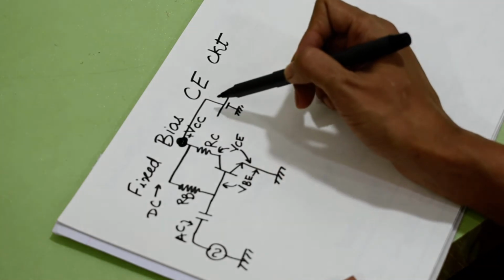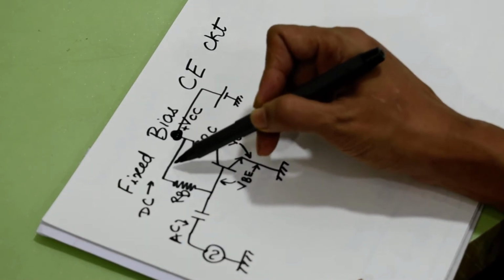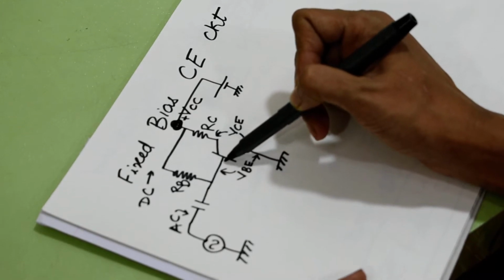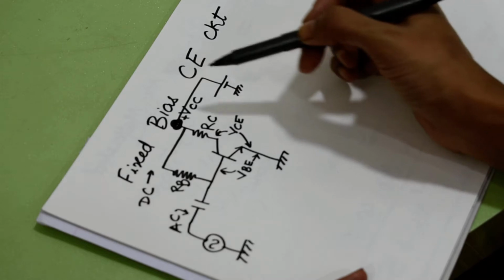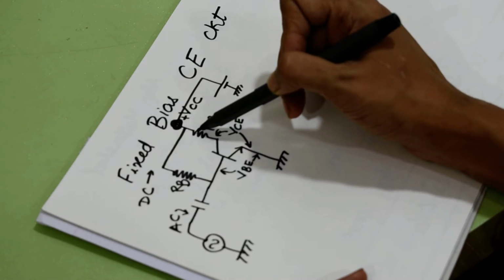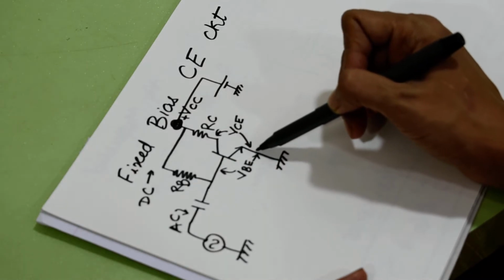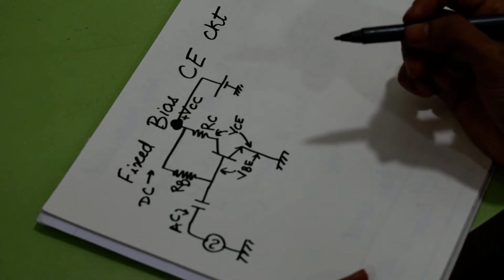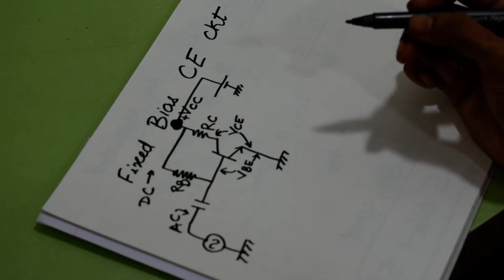One loop is from starting point of VCC, RB, current IB flowing, VBE to ground. Second loop from VCC, collector IC flowing, so RC, VCE to ground. So two loops are there. That was what we performed in DC analysis.